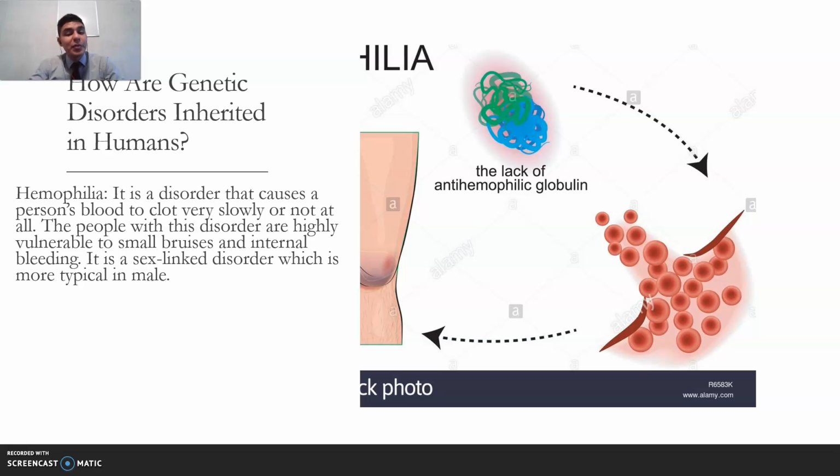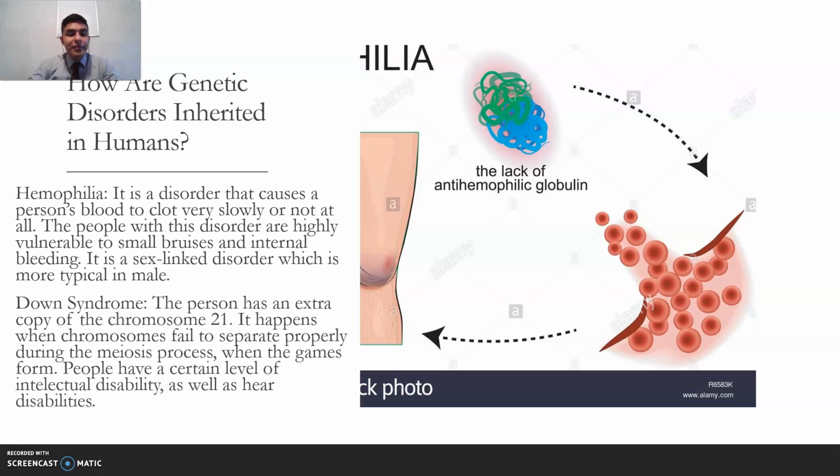But in people with hemophilia, the blood just can't clot, or it does so super slowly. So the bleeding inside the person's knee is going to continue, causing them to lose high amounts of blood. These people must be super careful with these kinds of injuries that might be very simple and not harmful for a regular person, but can be even deadly for them.